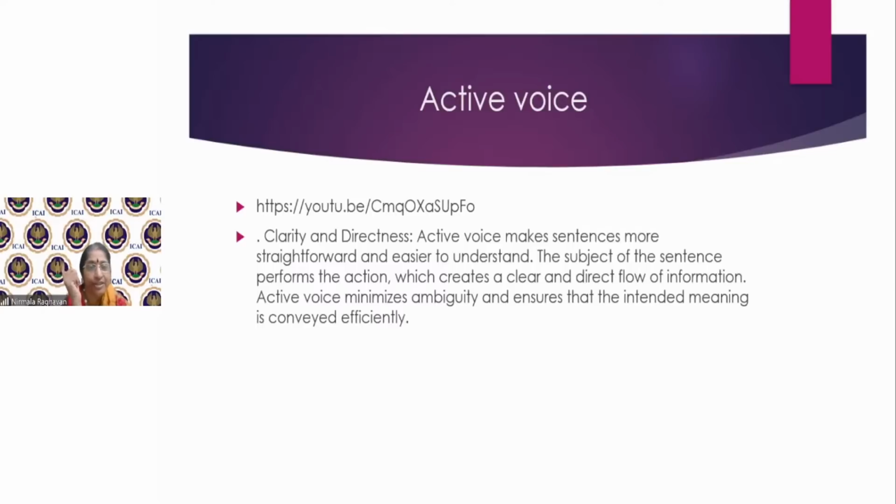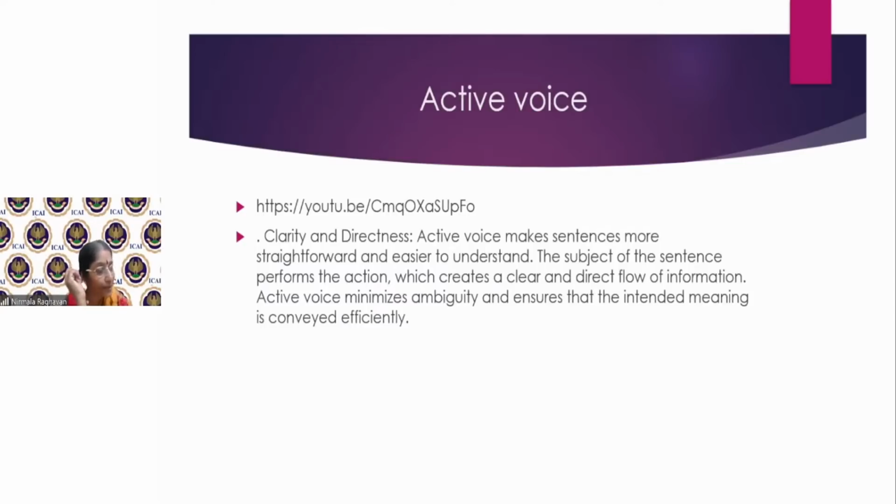The subject of the sentence performs the action, which creates a clear and direct flow of information. Active voice minimizes ambiguity. What is ambiguity? Unclearness. It ensures that the intended meaning is conveyed efficiently. Wherever you have to be careful about your communication, wherever you want to let the other person understand in one go, there we use active voice.